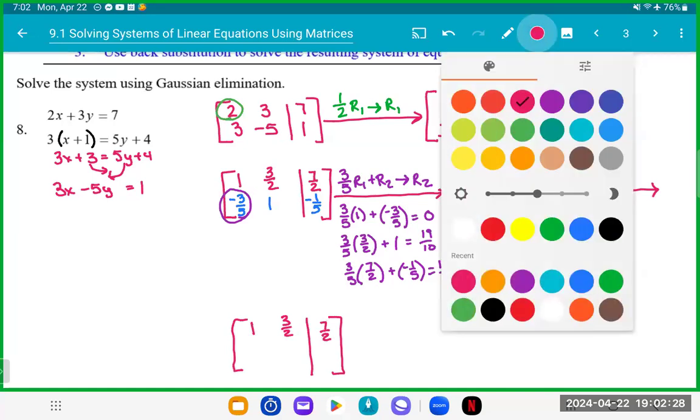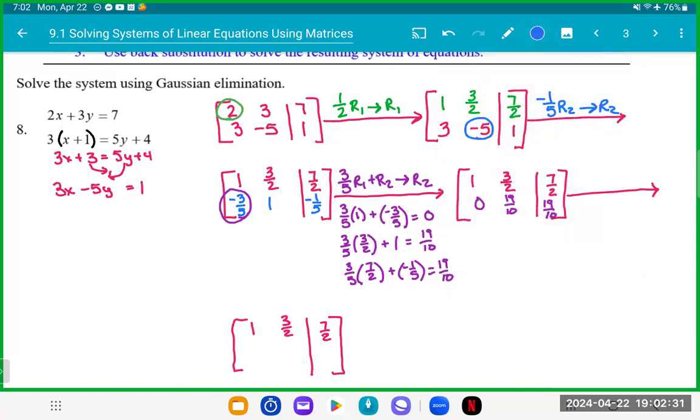But now we want to, once again, I'm going to do it in blue again, because we want to get that 19/10 back to a 1. So just multiply by its reciprocal. So that is 10/19 times row 2, replace row 2. So now I could say 0 times 10/19, that still equals 0, right? 19/10 times 10/19, now that equals 1.